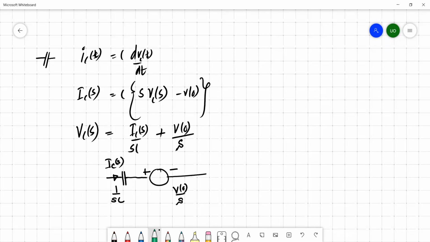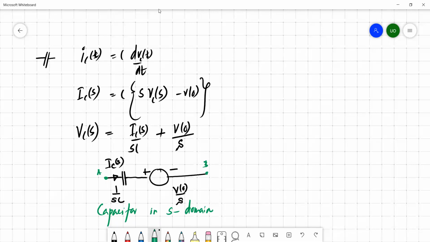So this is the capacitor in S domain. So if you have a capacitor in a circuit, and you basically want to get the voltage across the capacitor, just replace the capacitor with this.